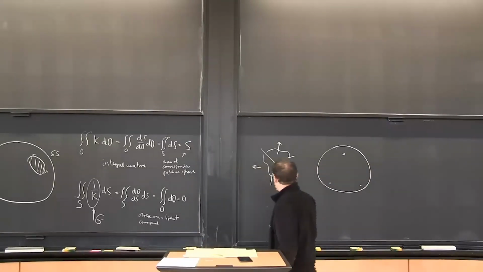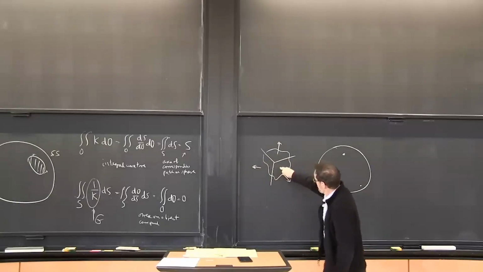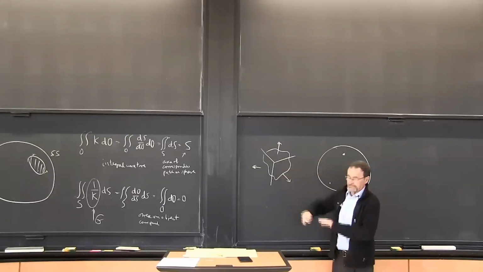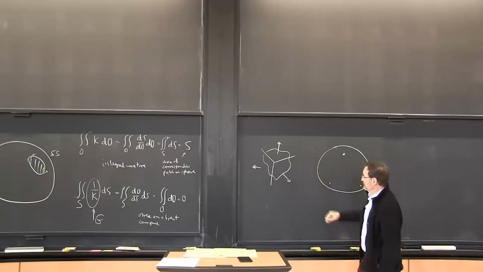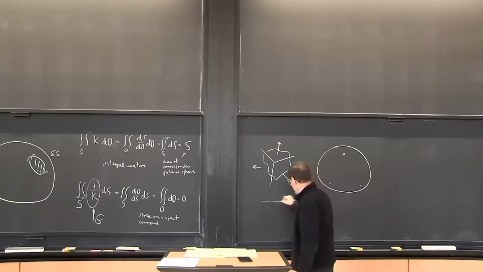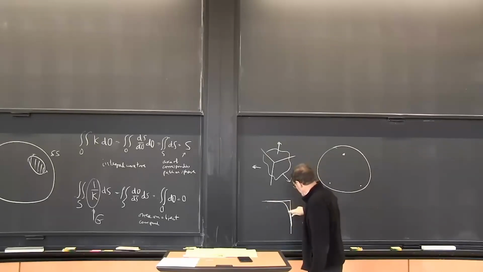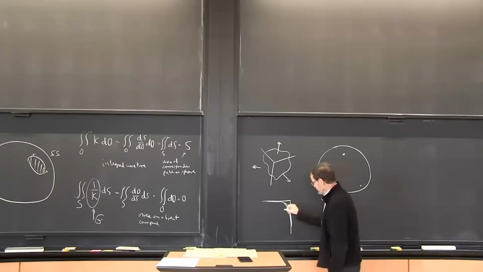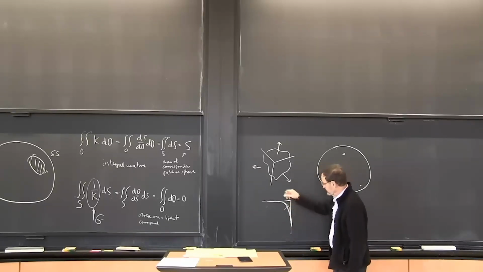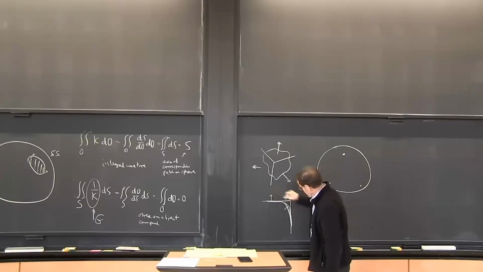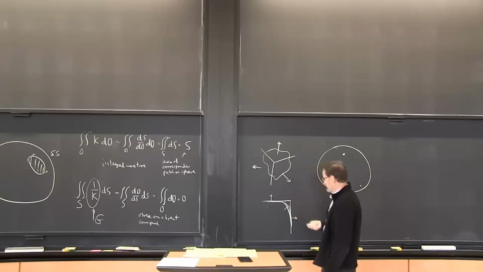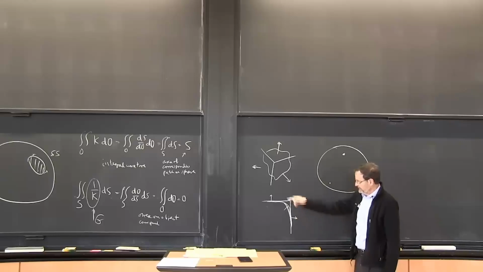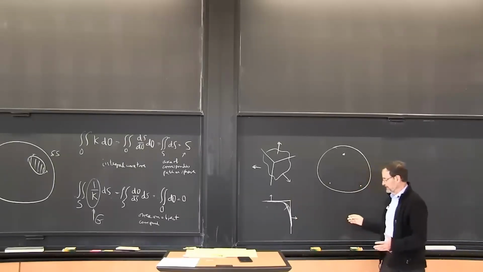Well, to understand that, what we want to do is take a file to this cube and smooth off the edges, so that if we take a cross-section through a corner, it doesn't look like this, but it looks like that. Then, if you like, you can take the limit as you make the radius of this corner smaller and smaller. So in the ideal object with sharp corners, we only have these two surface orientations, and that's it.